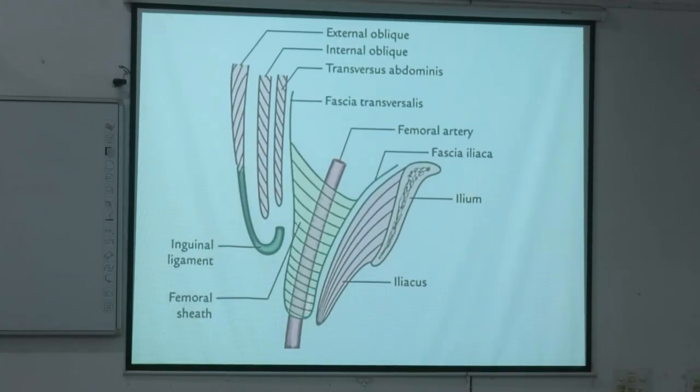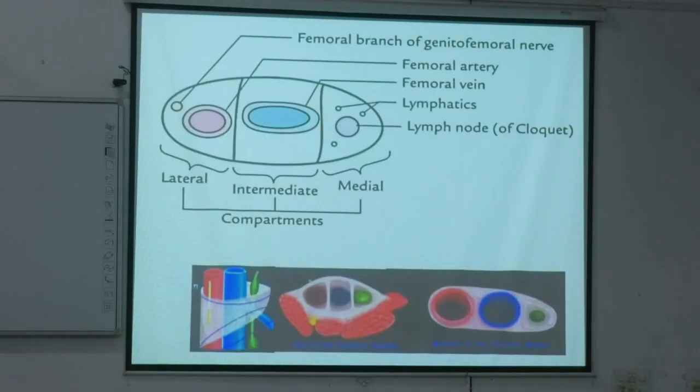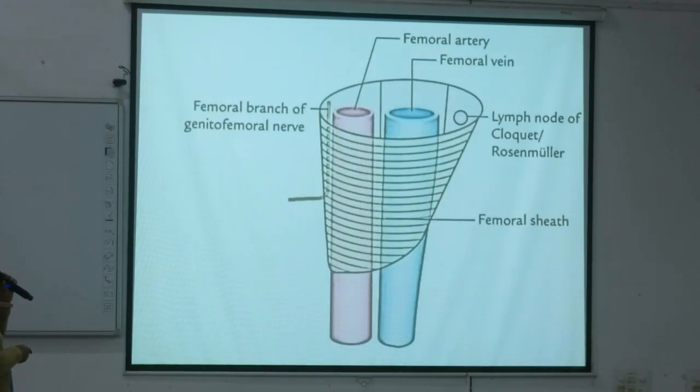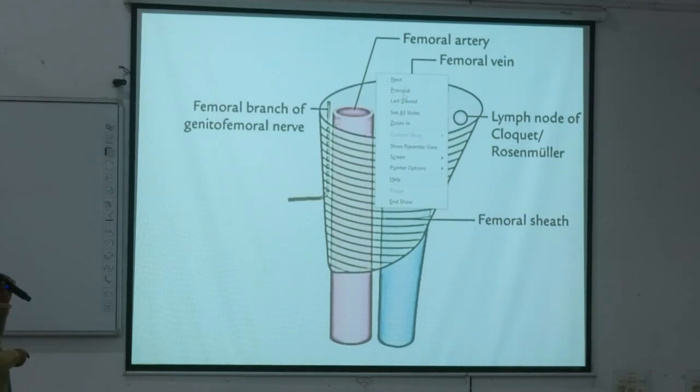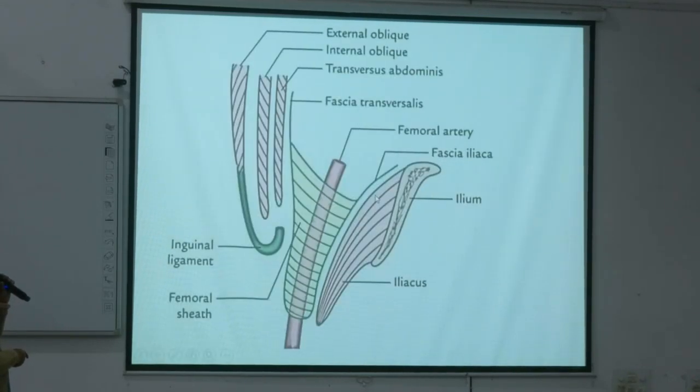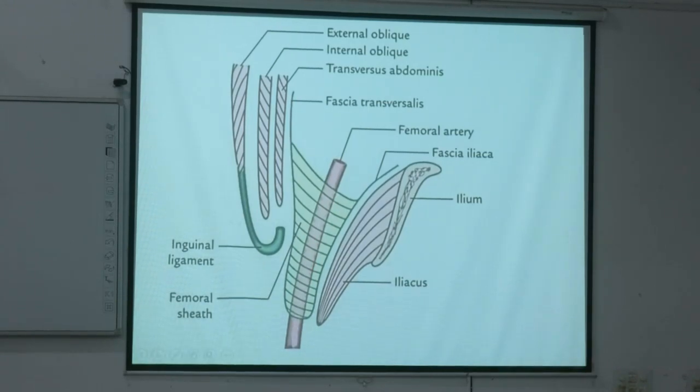See here the formation of the femoral sheath. So this is the femoral sheath, this greenish colored structure. The anterior layer of the femoral sheath is formed by the fascia iliaca.